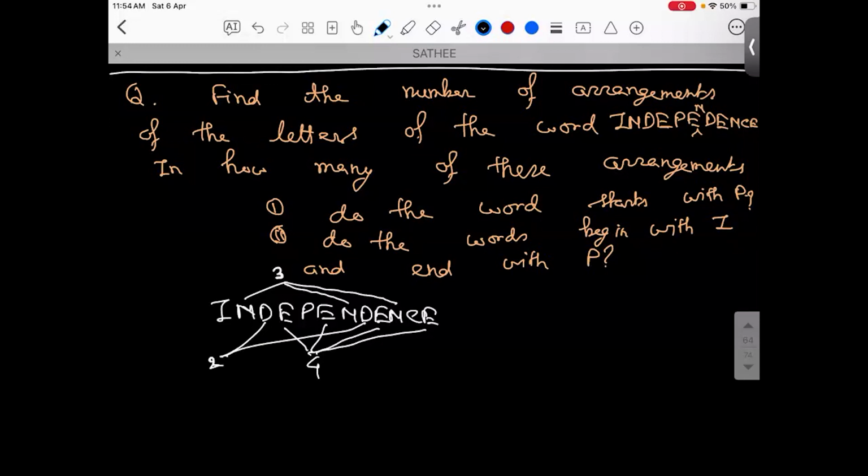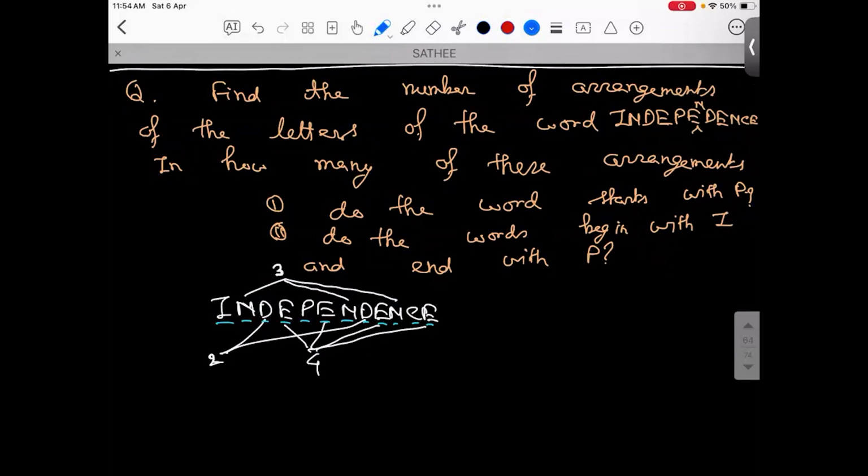And how many letters will it have? 1, 2, 3, 4, 5, 6, 7, 8, 9, 10, 11, 12. So here are 12 letters. And we need to find all possible arrangements of this word, keeping in mind that E, D, and N are repeated. N repeated 3 times, E repeated 4 times, and D repeated 2 times.